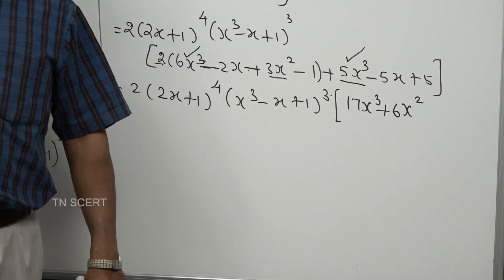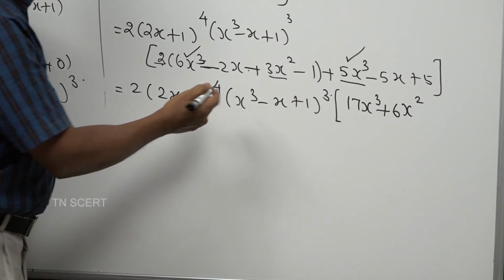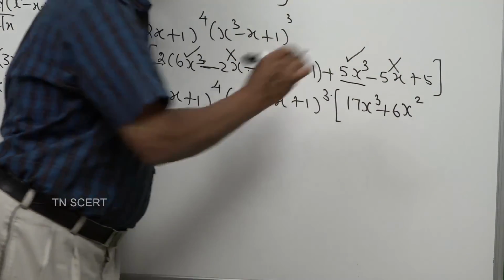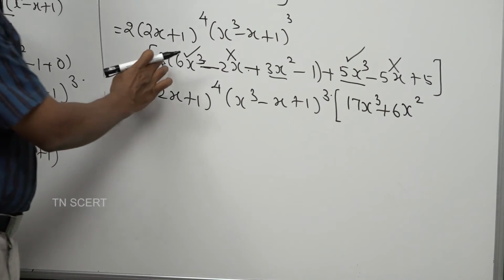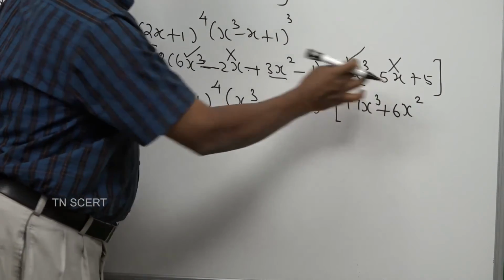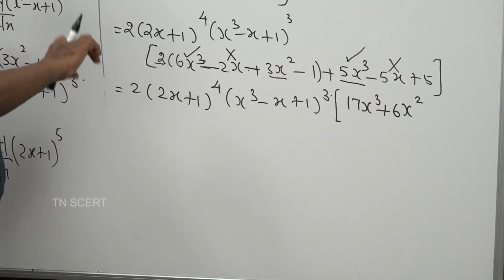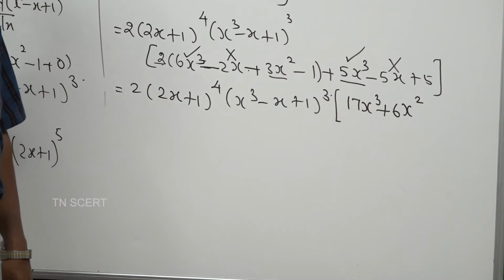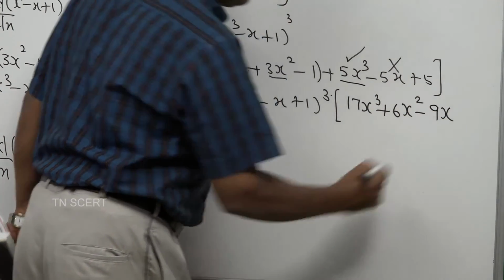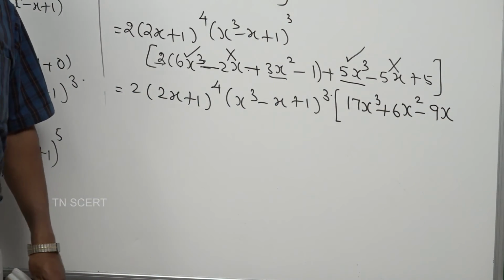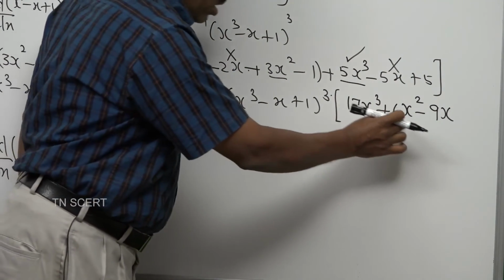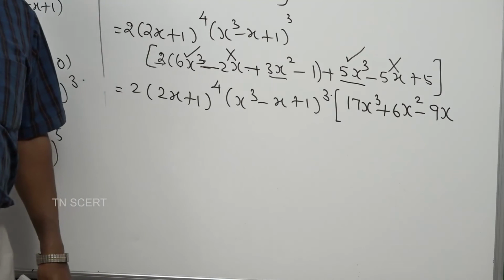x cube, x square. Next part, x. So next this x and this x. Let me take. So 2 into minus 2, minus 4. Then here it is minus 5. So 2 into minus 2 is minus 4 and then minus 5, minus 9x. So I got 3 terms. Then one more term I am supposed to get: x cube, x square, x, then one more constant.